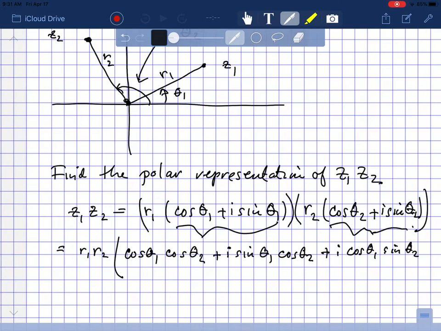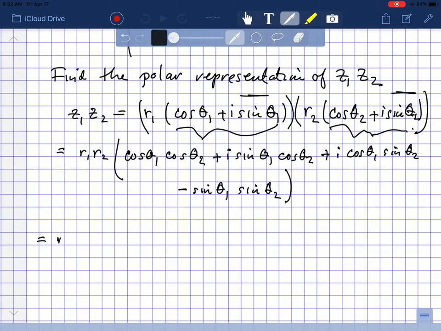And then finally, I have I times the sine of theta sub 1 times I times the sine of theta sub 2. Well, I times I is negative 1, so this product is going to look like minus 1 times the sine of theta sub 1 times the sine of theta sub 2.